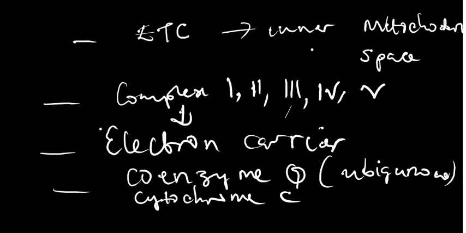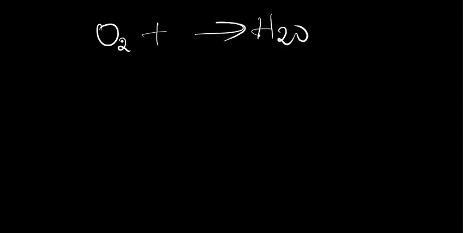However, there is also something else that's formed as a result of the electron transport chain. The electrons, in the end, ultimately combine with oxygen and protons, and the end product gives us H2O, which is water.